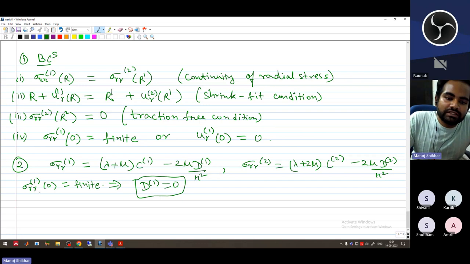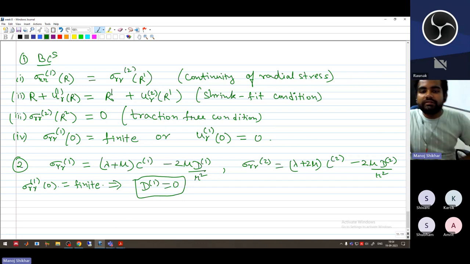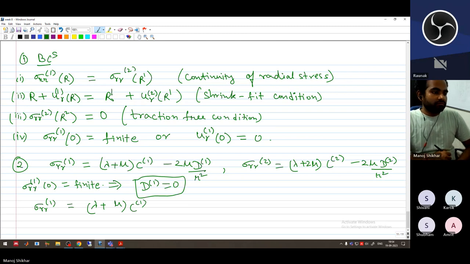So sigma RR1 at 0 being finite forces D1 to be 0. So our sigma RR1 reduces to lambda plus mu into C1. Okay.